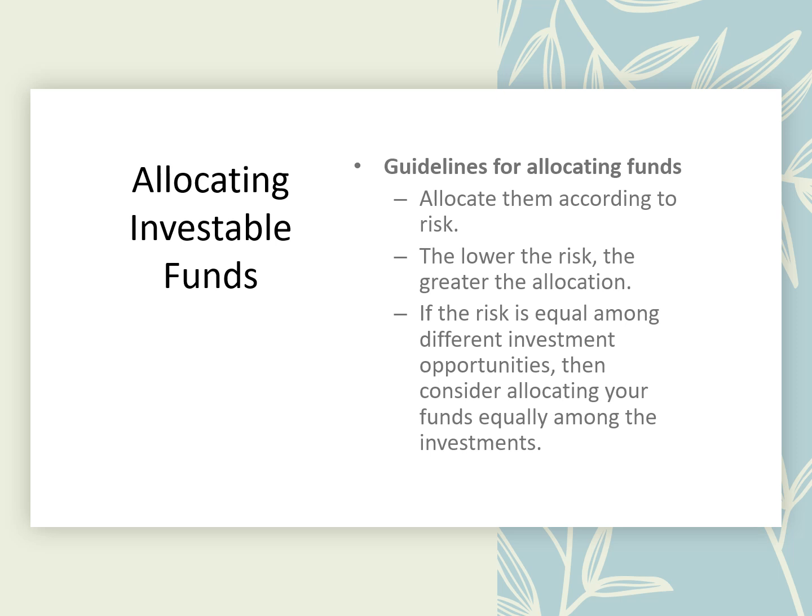And so the allocating of investable funds is really based on your risk tolerance as well as your investment horizon. The longer the horizon, the higher your risk tolerance, the more that you should allocate to those higher risk asset classes.